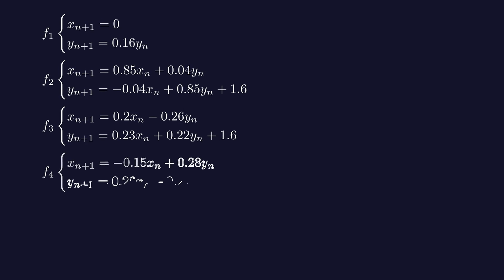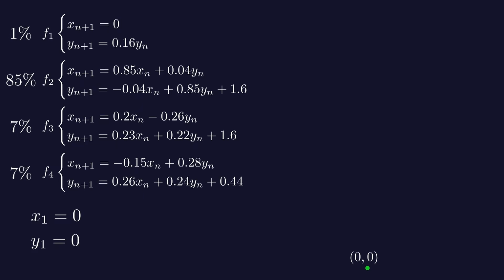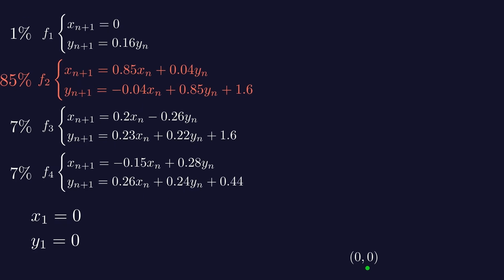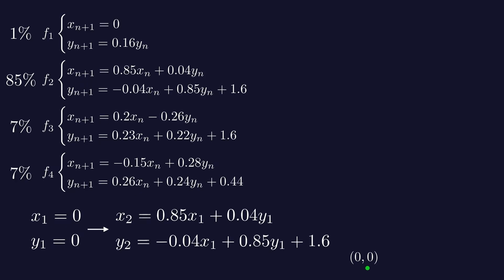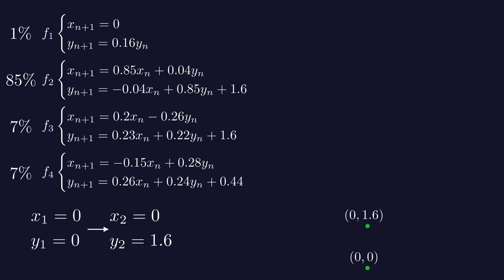But we can play the chaos game using different rules. For example, we can use those 4 transformations. We start with x and y both equal to 0, and randomly apply one of the 4 transformations. Each transformation has its own probability. We take the current x and y and calculate the new x and y. We place the point in the new coordinates, and we apply the random transformation to those new coordinates.